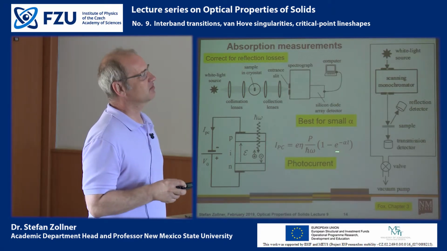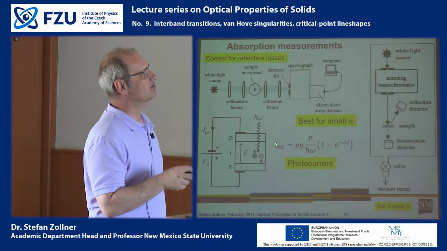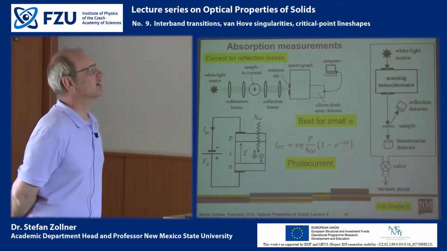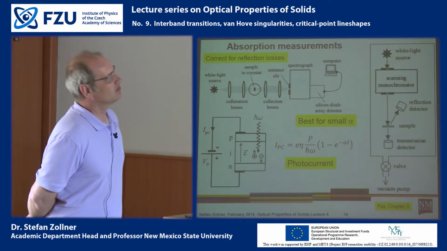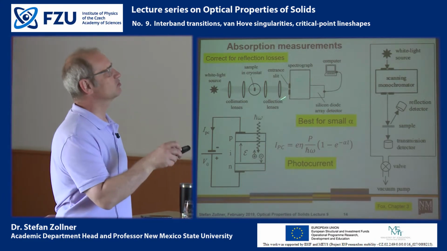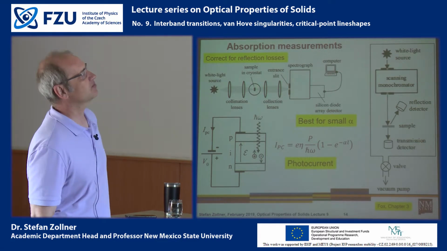So here you can measure the indirect gap rather accurately. The problem with photocurrent is that there may be some device physics going on here, and therefore there may be some artifacts in this device which would not be present if you just measure a transmission of a bulk sample.